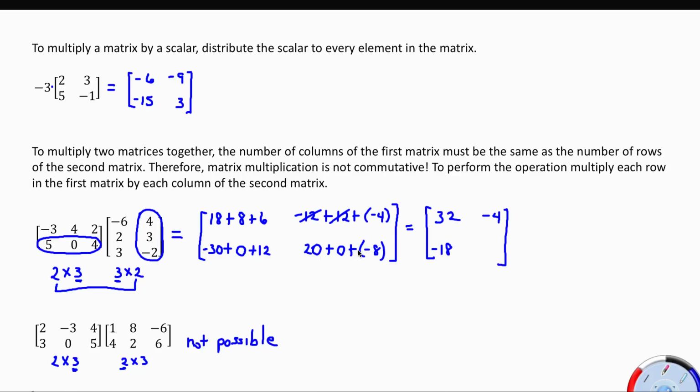And 20 plus negative 8 is 12. There's my answer. And notice it is a 2 by 2, exactly what I expected to get. So multiplying two matrices, first I check the dimensions and make sure it's possible. And then I simply multiply each row by each column. Okay.